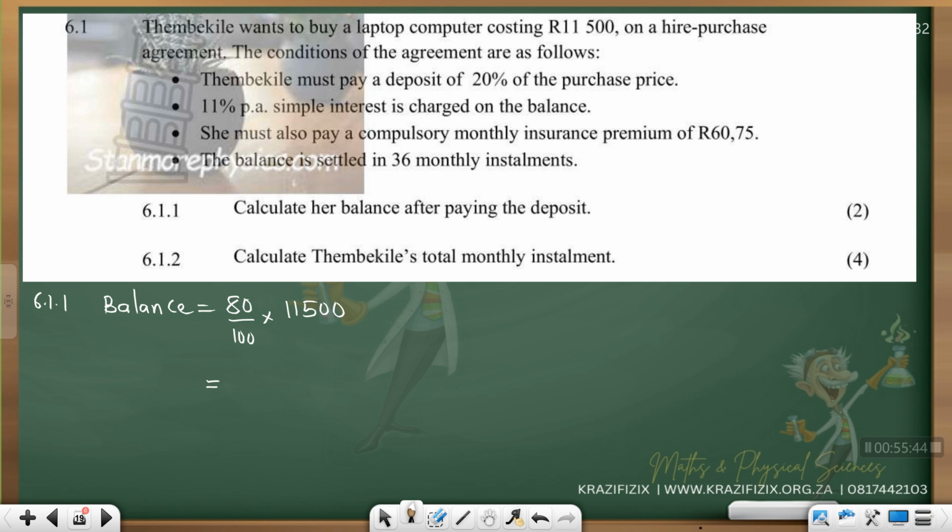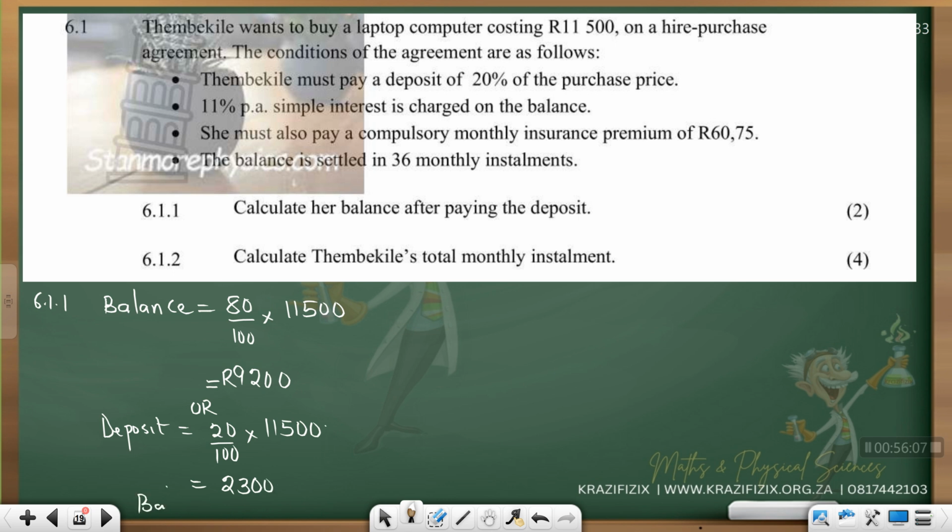9,200. Or, if somebody else could do, what is the deposit? The deposit is 20%. Please give me an answer to this one. I'm doing two methods. 2,300. Yeah.